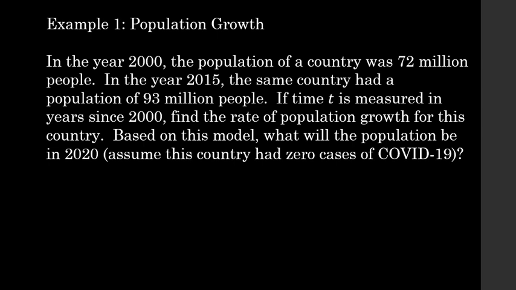It was 72 million people. So when I set up my model, I can substitute in the 72 for y naught, the implication being that population y is going to be in millions of people.